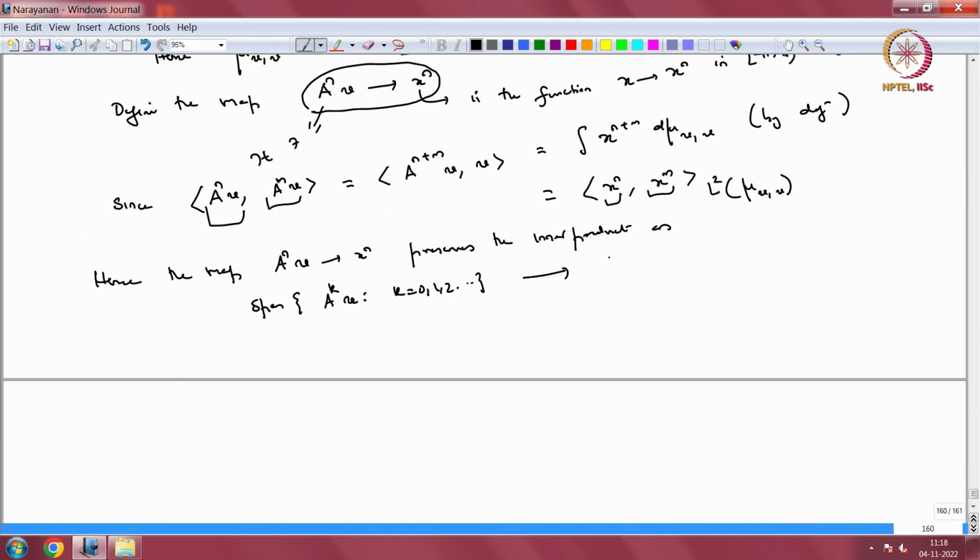Meaning the span here goes to the span of x to the k, k equal to 0, 1, 2 etcetera. This is just polynomials defined on minus norm a to norm a.